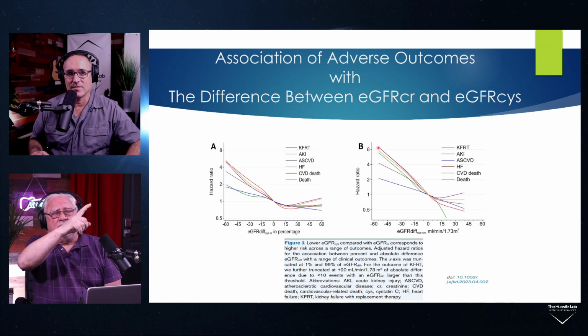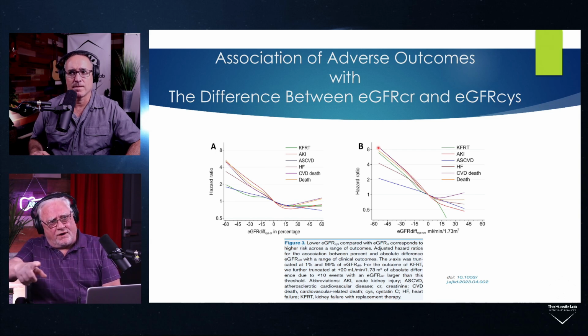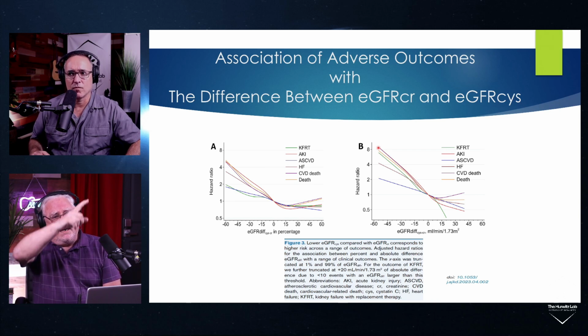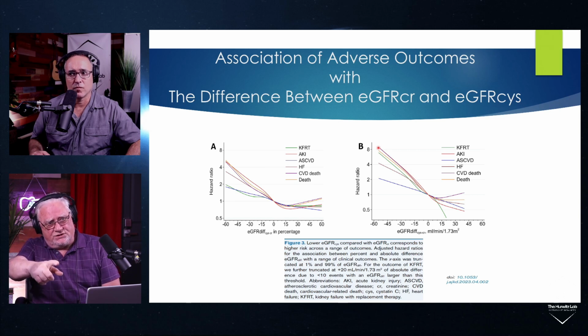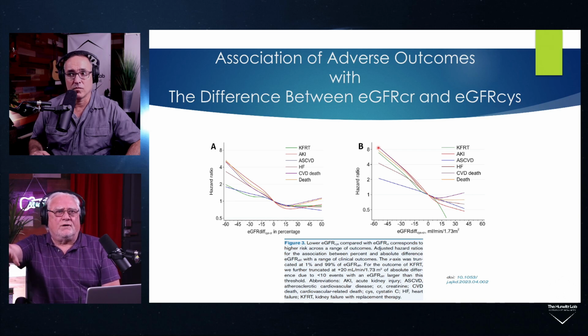So when you look at the mortality rate graphed versus the eGFR creatinine, it comes down till about 90-ish, and then it begins to go up again. And most people feel that J-shaped curve, that upward slope, is not really the GFR anymore.